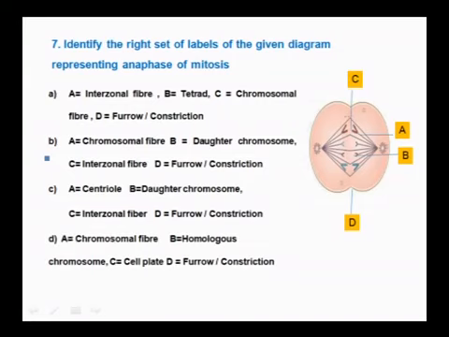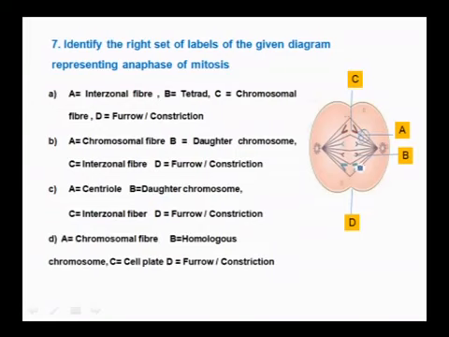Next, we will move on to the 7th question. We are supposed to identify the right set of labelings for the given diagram. The labelings are indicated as follows. Let me get into the details of this picture. This picture is indicating the stage of anaphase. In this anaphase, you can observe that label A is indicating the spindle fiber associated with the daughter chromosome.